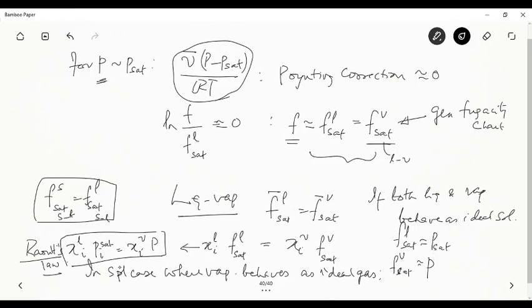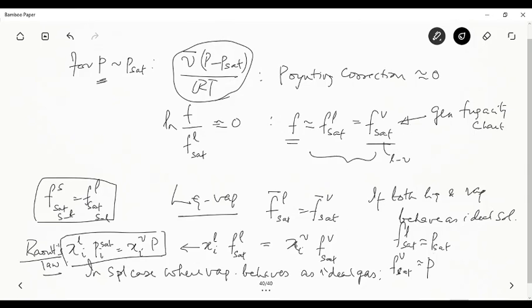In fact, the vapor behaves as an ideal gas mixture, and the liquid behaves as an ideal solution. Then the Poynting correction goes to 0, and therefore the F of the liquid becomes equal to FV sat, and since it behaves as an ideal gas, this will be P sat of the vapor.